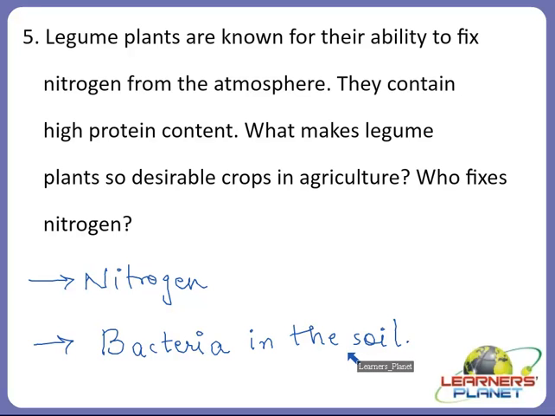They will take this nitrogen from the atmosphere and fix it, and then the plants will absorb this nitrogen from the soil and pass it on to the other parts of the plant, and this way the whole plant will get the nitrogen. Alright children?